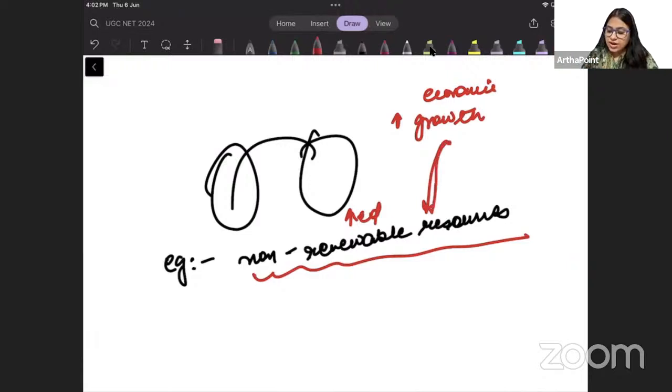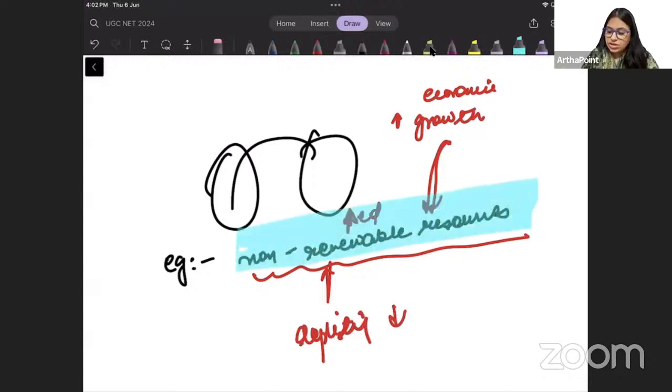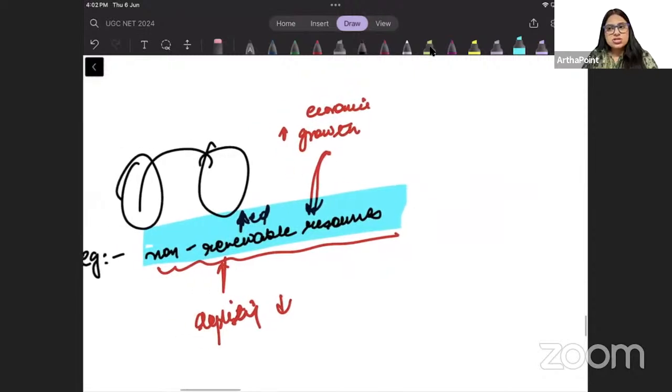So when we extract more of non-renewable resources, then we are depleting them for the future. ये future के लिए नहीं बच रहे हैं. But जो इनसे एनर्जी जनरेट हो रही है शायद वो किसी और रिसोर्स से ना हो.